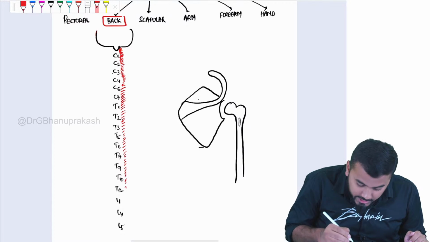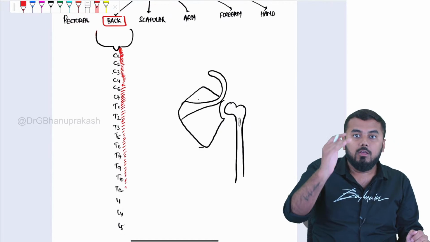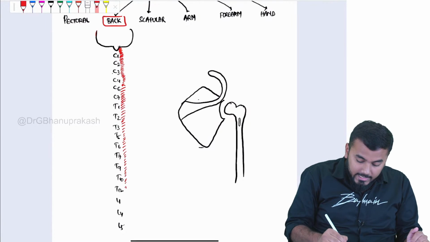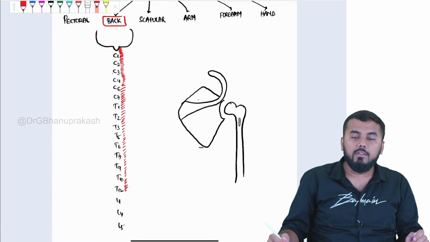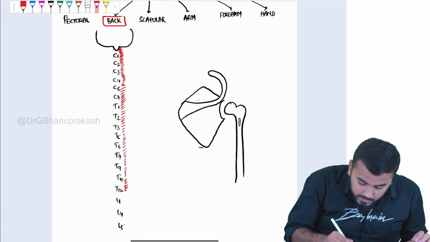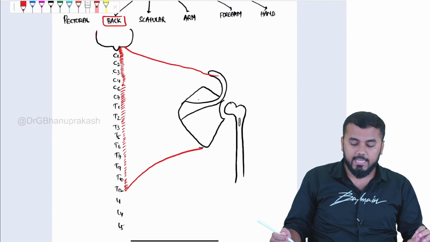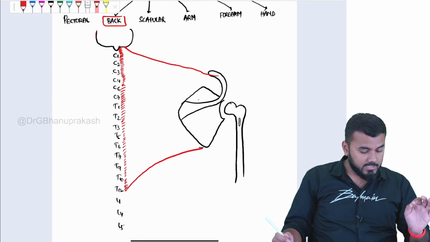This muscle originates from the nuchal tuberosity, from C1 till C7, from T1 till T12. Okay, this muscle is attached in this way.